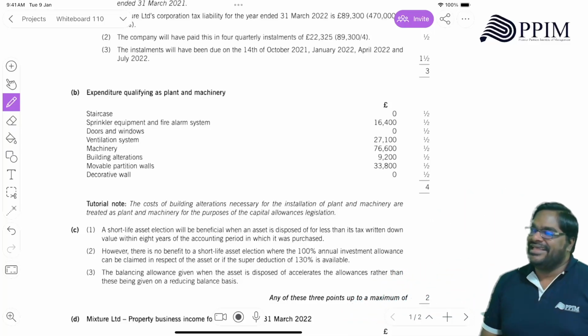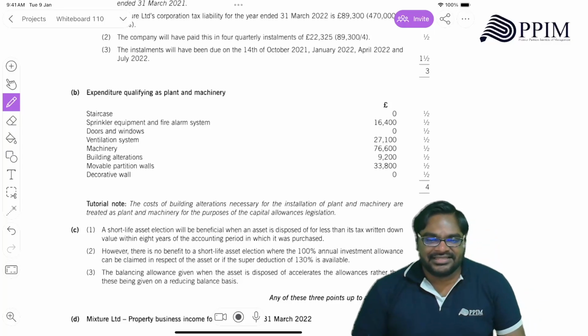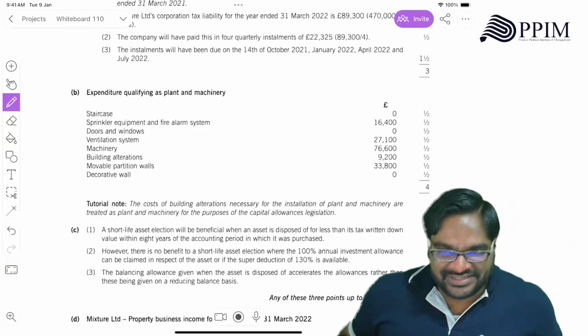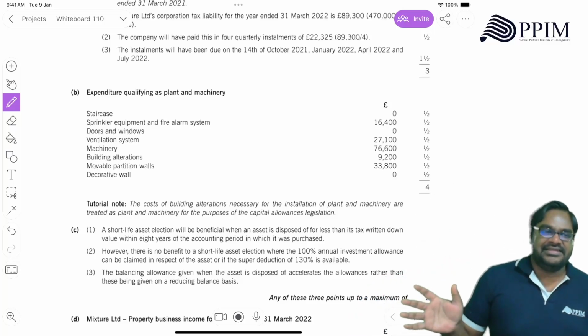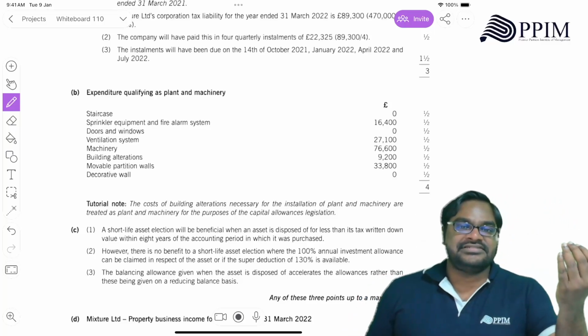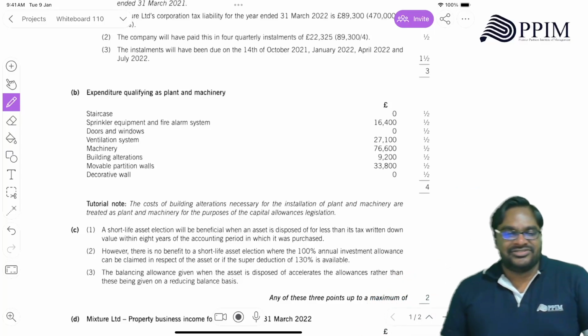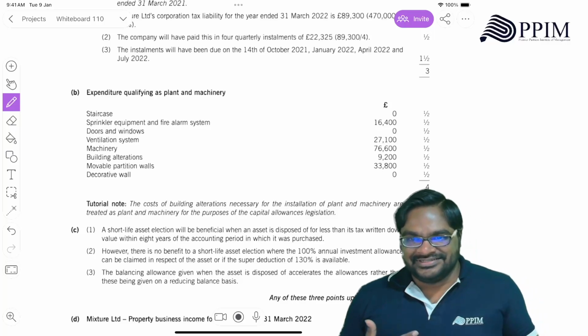So, if I go back to the tute, we discussed that when it comes to qualifying plant and equipment, there is no definition for that. But based on the previously decided court cases, we have certain illustrations for that. Agree? So basically, apart from buildings, everything else were there.